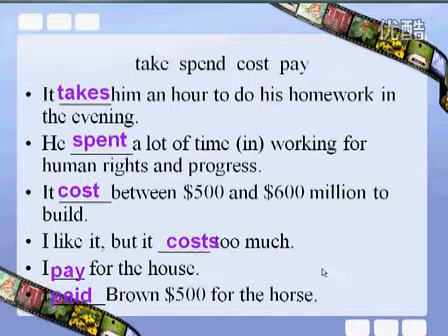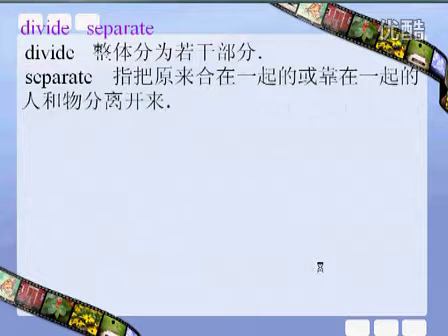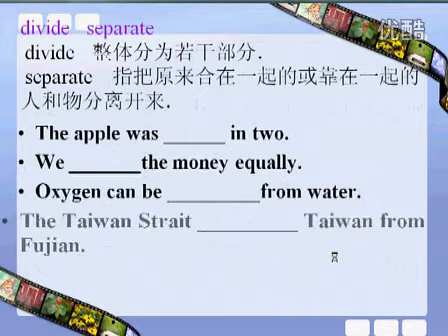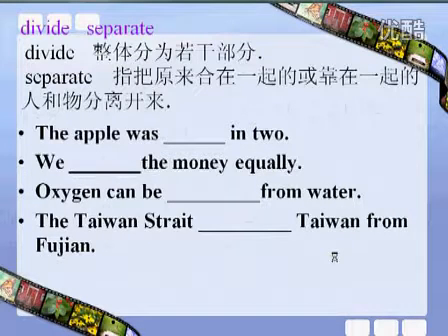Okay. Now there are some words about this. Now look at that. Divide. The apple was divided with the money equally. Oxygen can be separated from water. The Taiwan Strait separates Taiwan from Fujian. Okay.